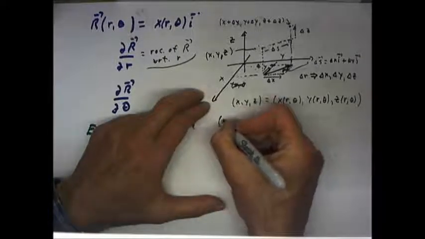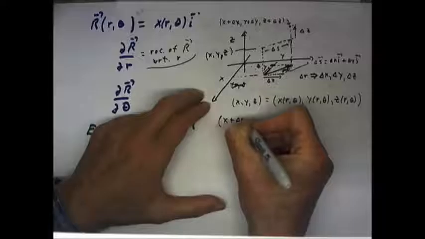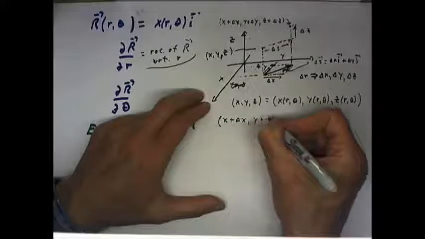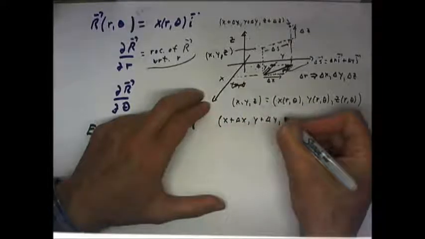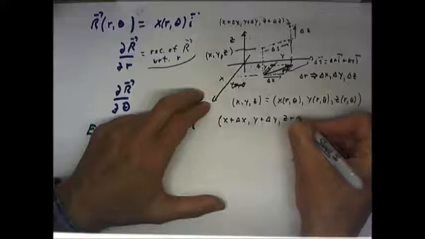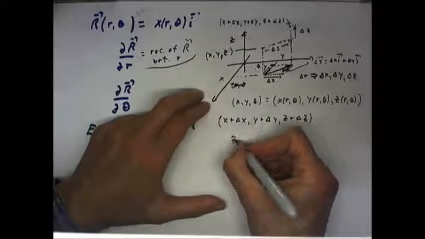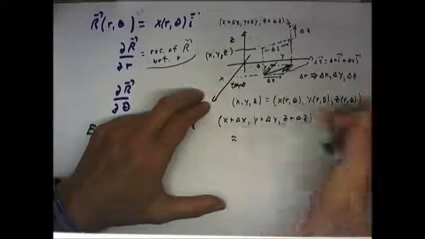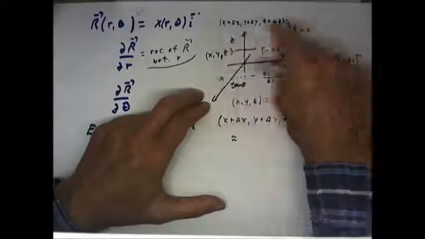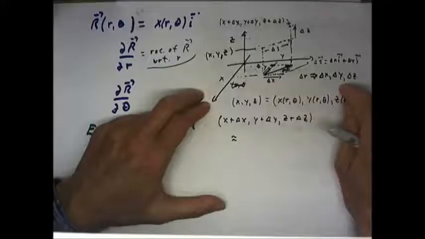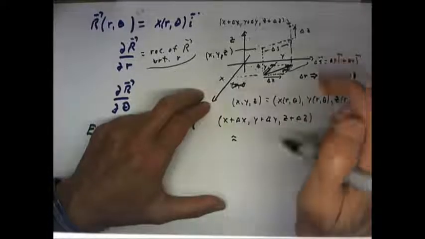And x plus delta x, y plus delta y, z plus delta z is approximately equal to, well, this change in x resulted from a change only in r.